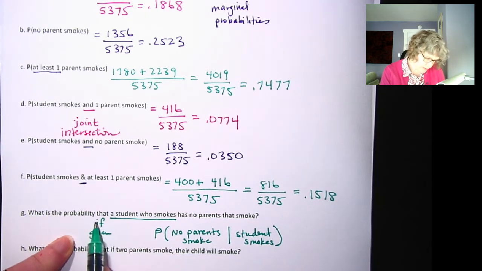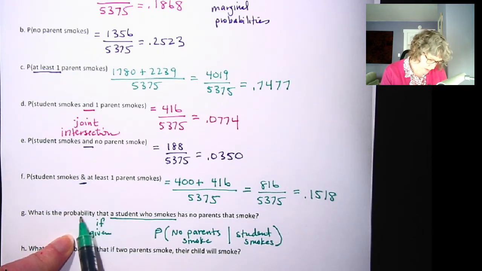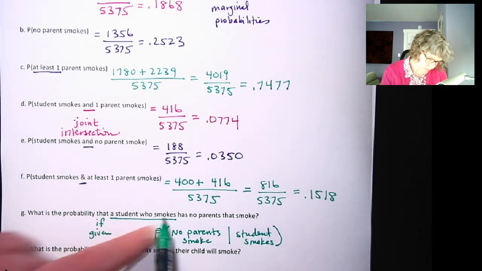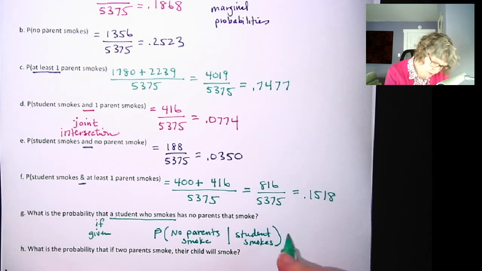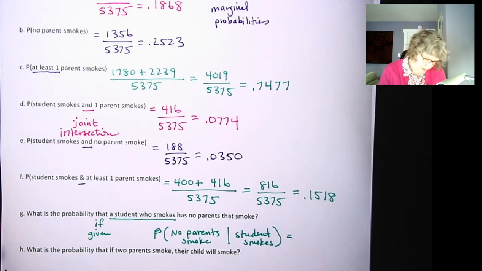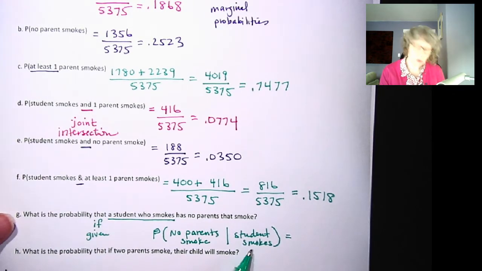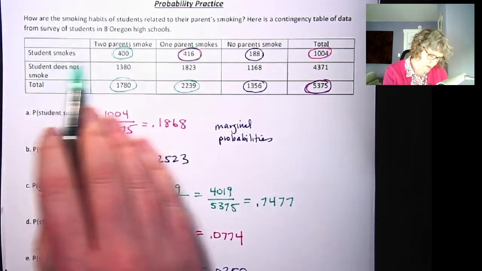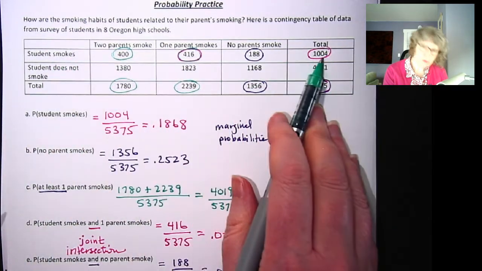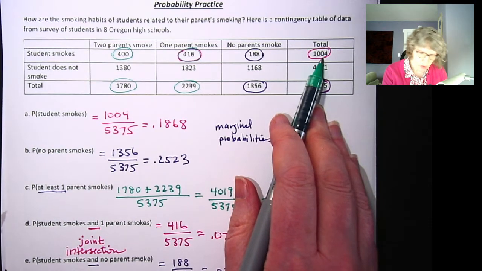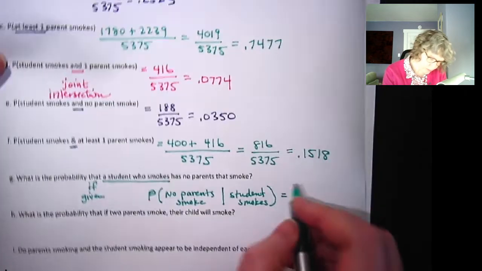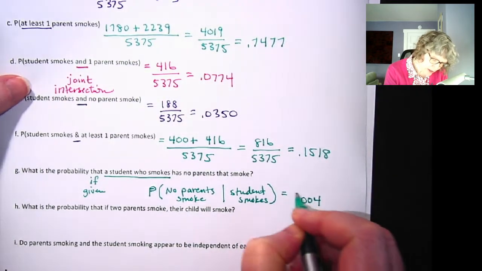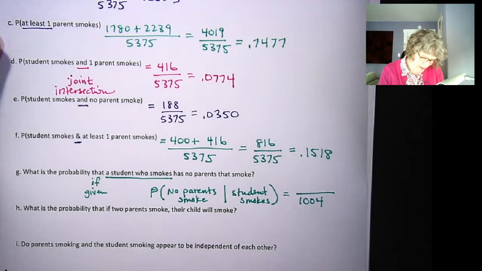This is the condition that's going with the if or given. This is the condition they're giving us. We're going to look for student smokes. What is the total there? That is a row. We're only going to consider this row, and it's going to be 1004. Sometimes it's easiest to do the denominator first because you're identifying your row or column.